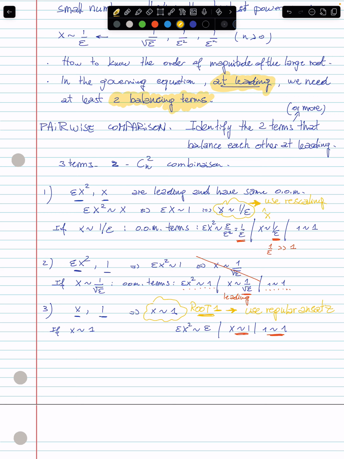Define x tilde equal to epsilon times x, or put it differently, just say that x, because it's of order 1 over epsilon, is x tilde over epsilon. All right, substitute this in the governing equation and then use a regular ansatz after rescaling. And then the problem is solved.